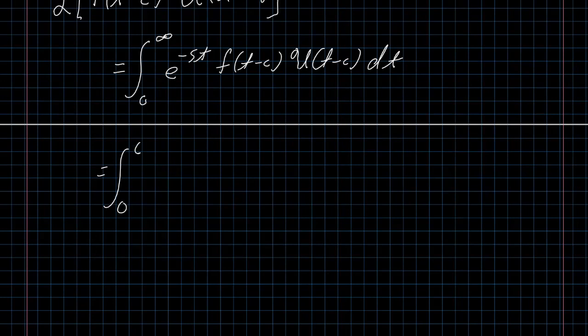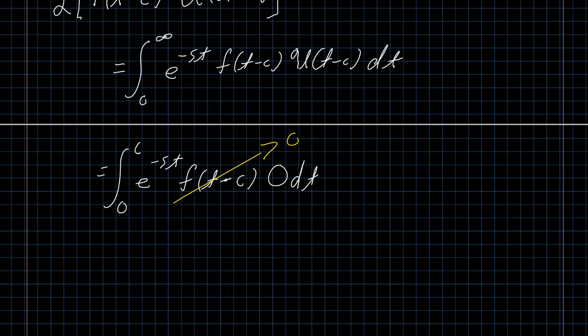So I'll still get the integral from 0 to c of e to the minus st times f of t minus c, and u of t minus c, whenever t is between 0 and c, is equal to 0. And of course, integrating a function which is 0 just still gives you 0, so we can ignore that term entirely.